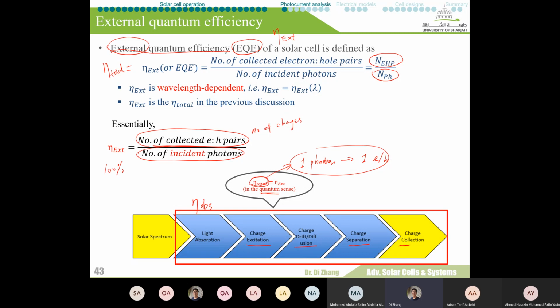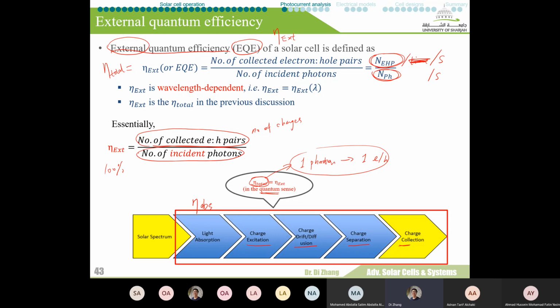So it is more common, instead of counting a total number of electron and hole pairs and total number of photons, to try to do a rate of the numbers. Typically you want to write the number of electron and hole pairs per second and the number of photons per second, because typically what we have is related to the flux.